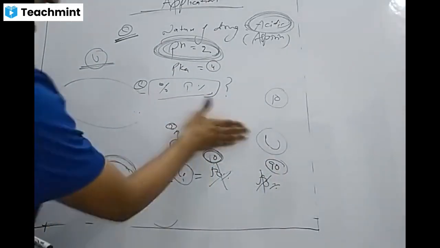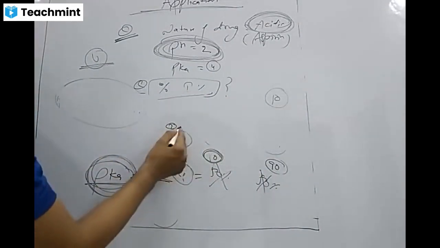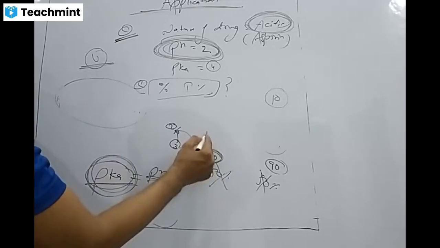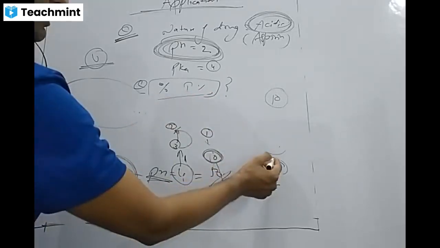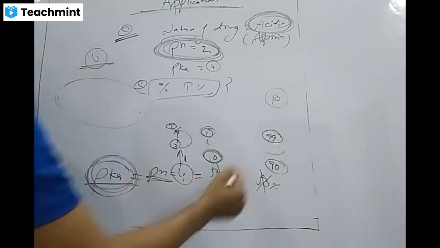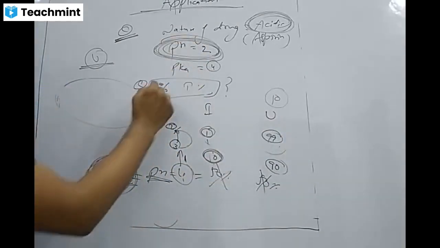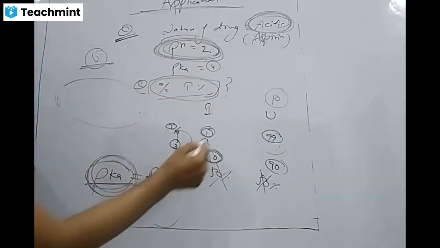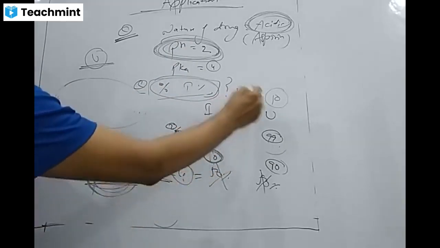If we move from 3 to 2, again a 1 unit change, 10 becomes 1, decreasing by 10 times, and the other becomes the opposite of 1, which is 99. So the answer to this question, how much percent is ionized, will be 1%.